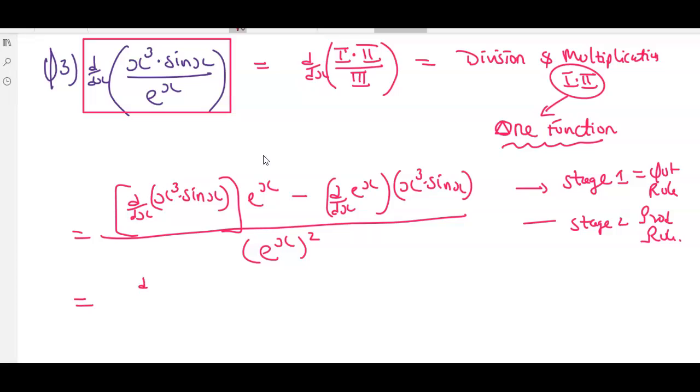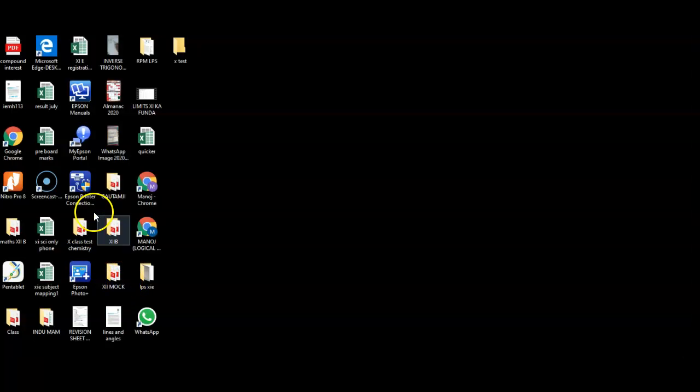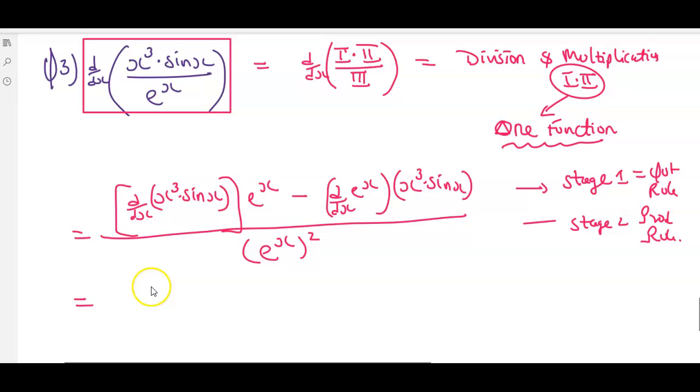It is derivative of x cube sine x as it is, minus x cube into derivative of sine x.